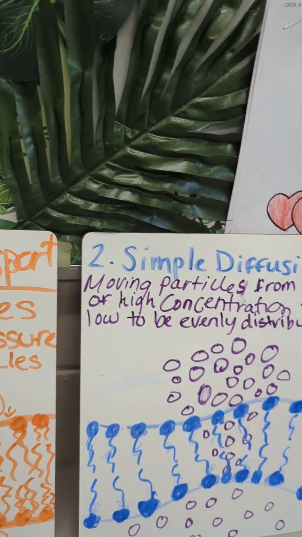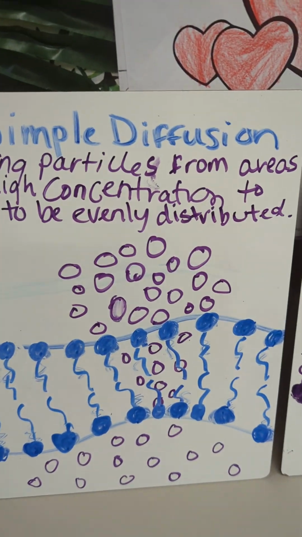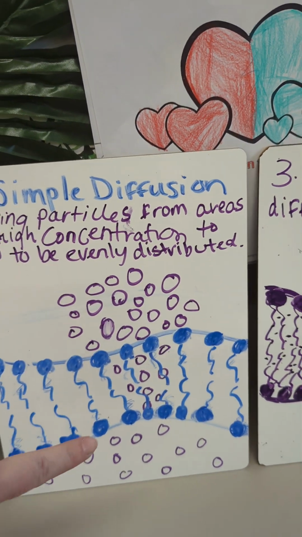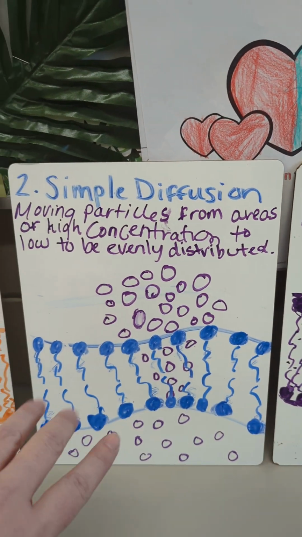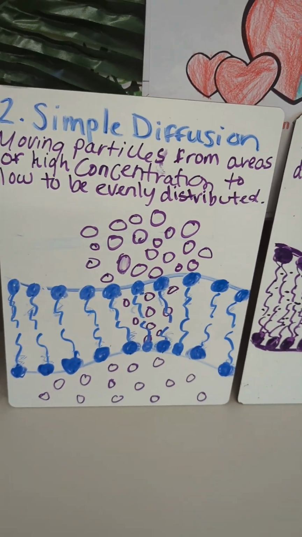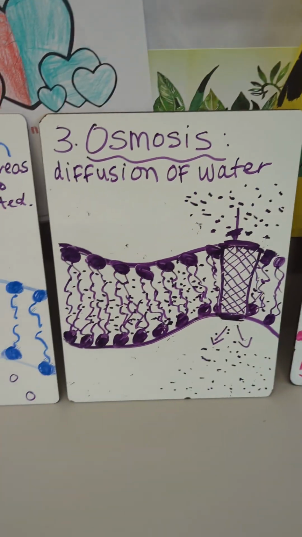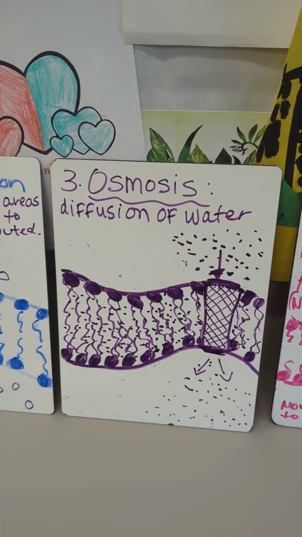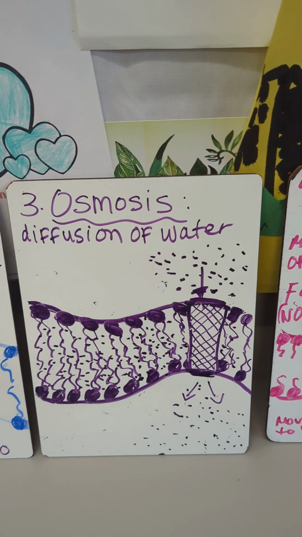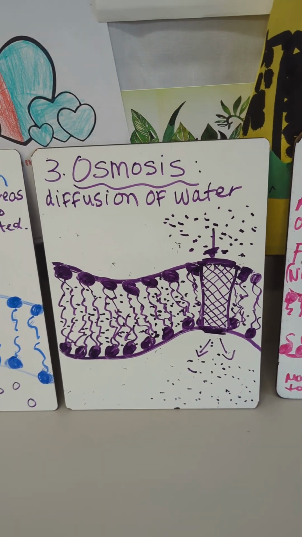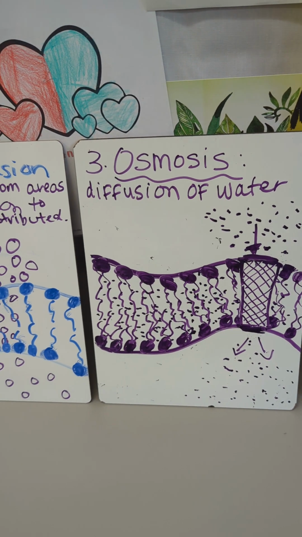It moves particles from higher concentration to lower concentration, and it kind of evens it out. Then we have osmosis. That's the diffusion of water. It moves water down its concentration gradient, from high water concentration to low.